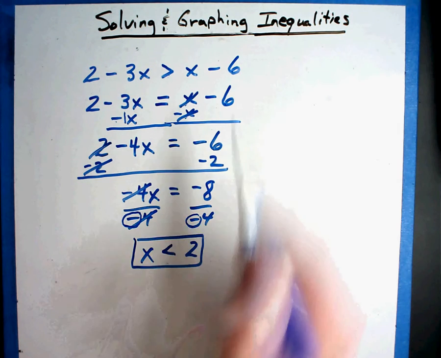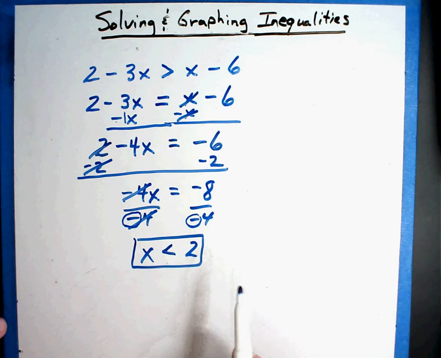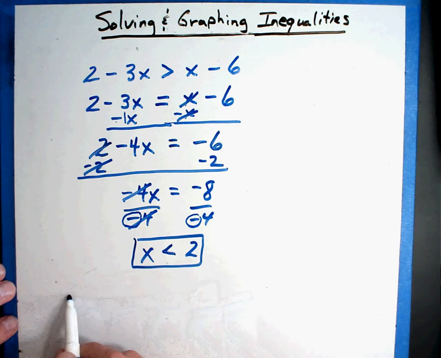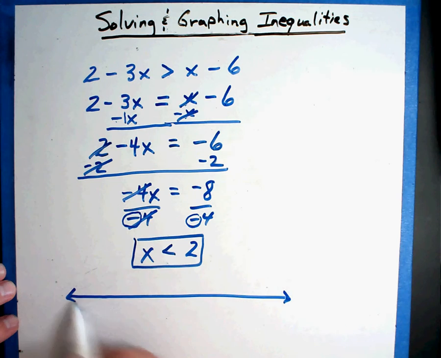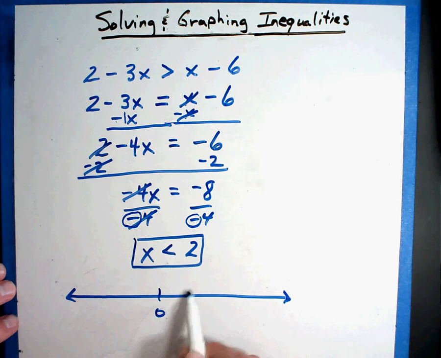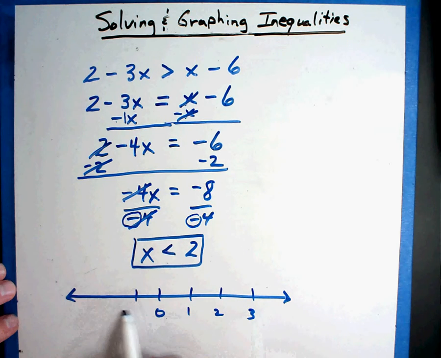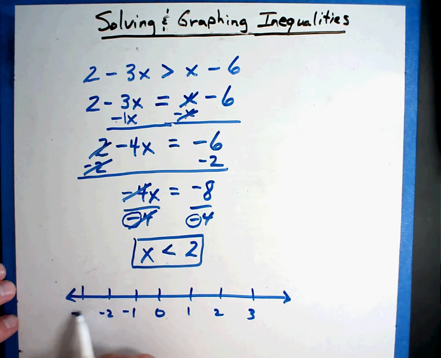Now, how do you graph these things? Because they'll ask you questions of how to graph it. Well, pretty simply, we'll just make a number line. And we'll make 0, 1, 2, 3, negative 1, negative 2, negative 3. Let's find where 2 is. There it is.